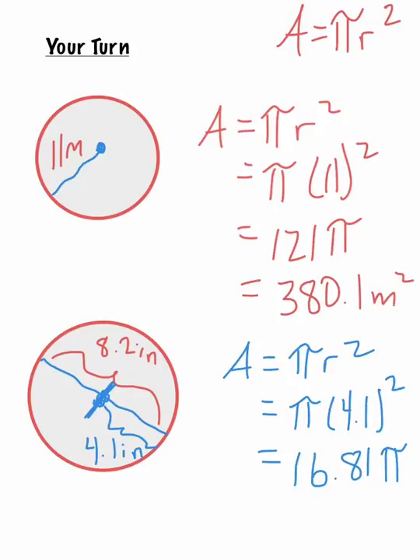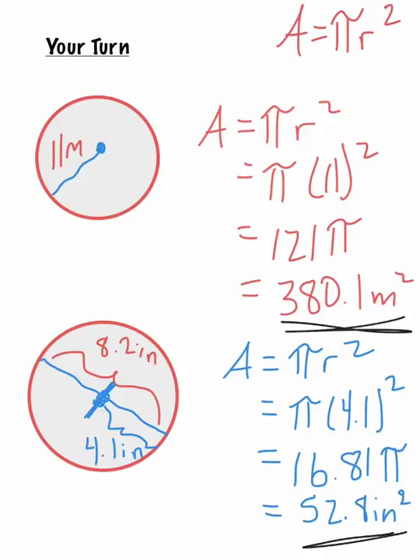That right here is our perfect answer. But if we actually want to solve it through using 3.14 on our calculator, we would end up with 52.8 inches squared for a final answer.